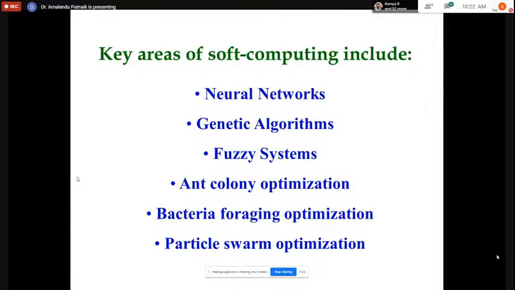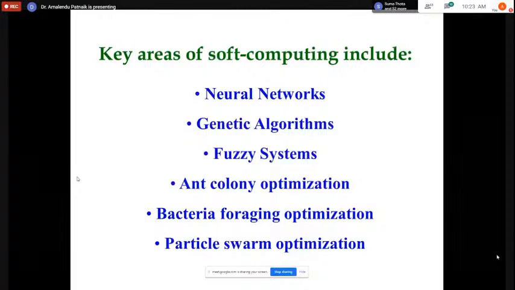People are framing new rules, new techniques to handle complex problems. But the most widely used techniques to solve particularly microwave engineering problems or antenna problems are these particular things.